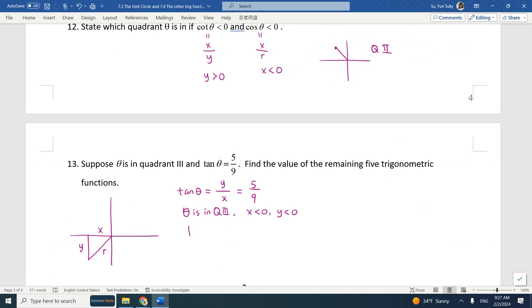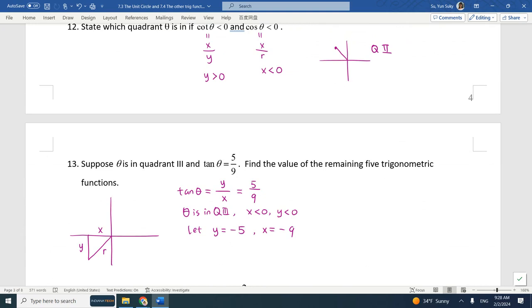So we let y be -5. How about x? -9. Negative cancels, so you get 5/9. But because we're in quadrant 3, we need to put the negative sign in front of the x. So far, so good, everybody?